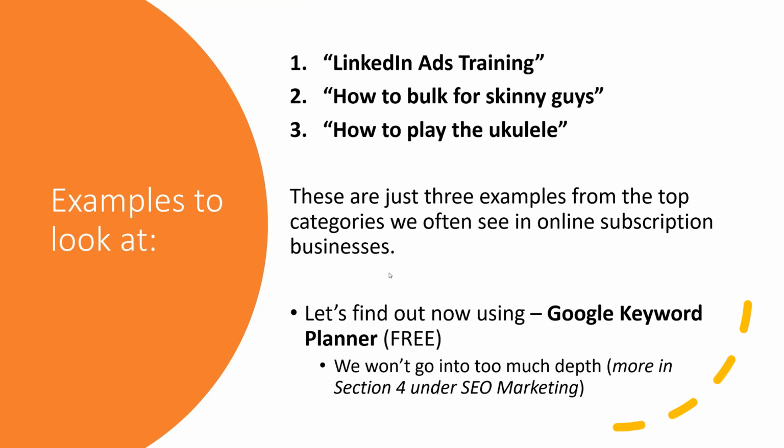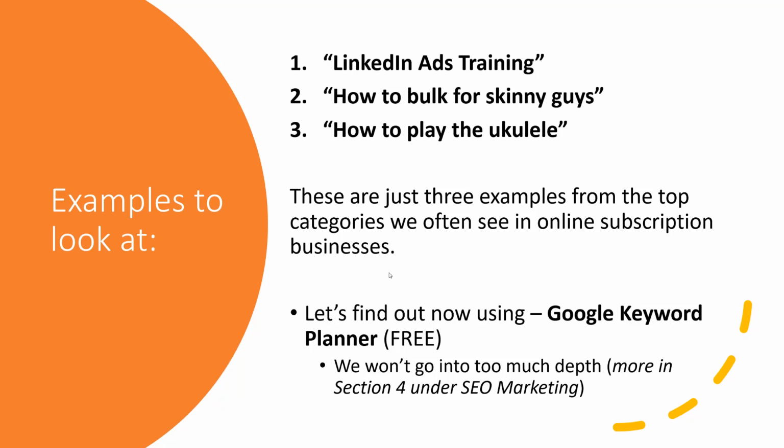Some examples that we're going to look at today are LinkedIn ads training, how to bulk for skinny guys, and how to play the ukulele. These are all business ideas that I just picked off the top of my mind, something that you might be interested in. These are based on the top categories for other subscription-based businesses: the first one relating to business and marketing, then fitness, and the last one is instruments, music, or how-tos.